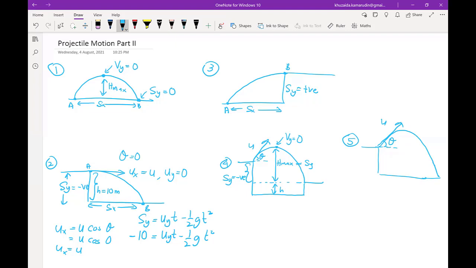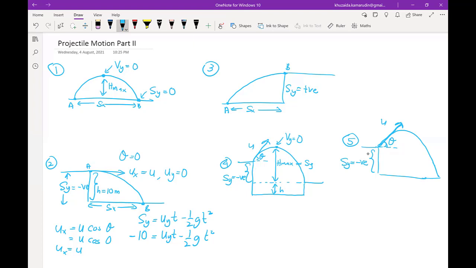Okay, half projectile motion berlaku bila bola tersebut dibaling ataupun bergerak secara horizontal. Okay, yang number 5 ni pula dia dibaling ke atas. Maksudnya it start with certain angle theta above the x-axis. So for this case again you're gonna have your SY over here, and this one your SY value should be negative.